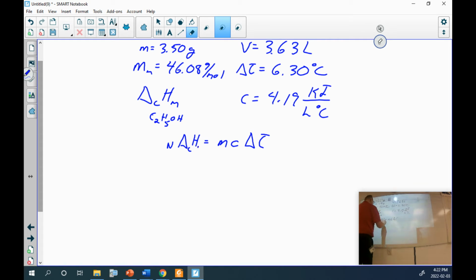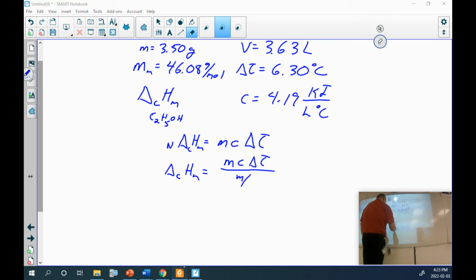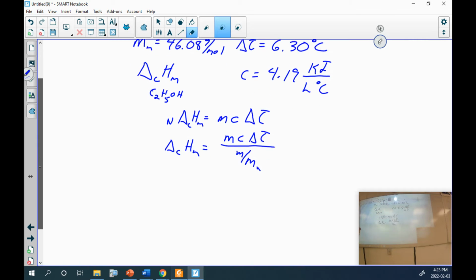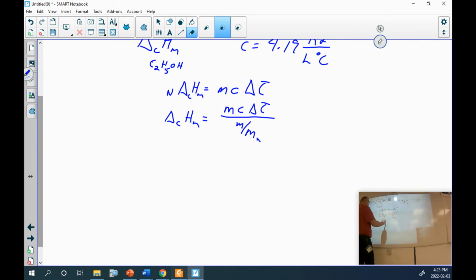So, an M. And in this case, I'm doing a little bit of work. Instead of doing this calculation beforehand, I'll throw it in here. I take my mass over my molar mass.